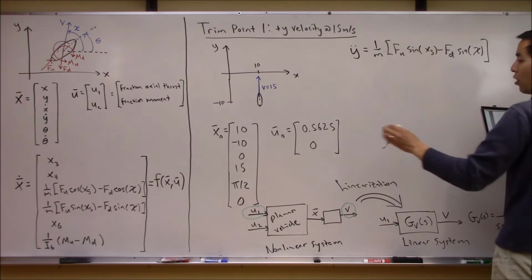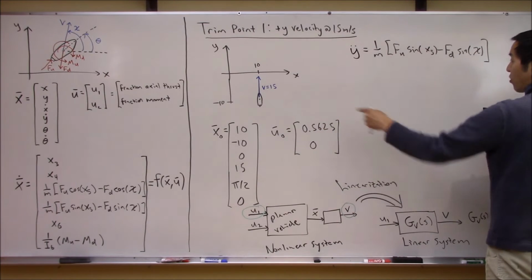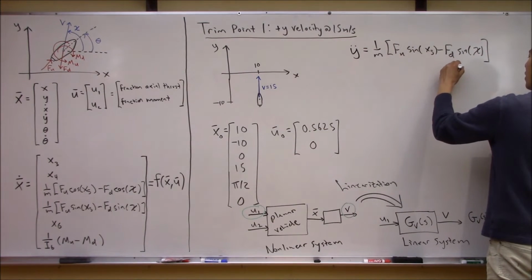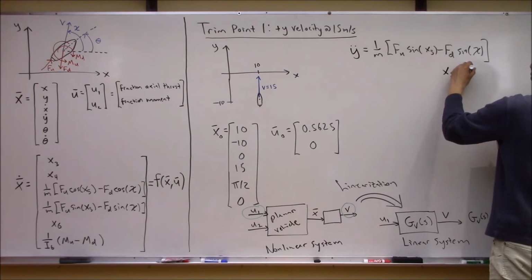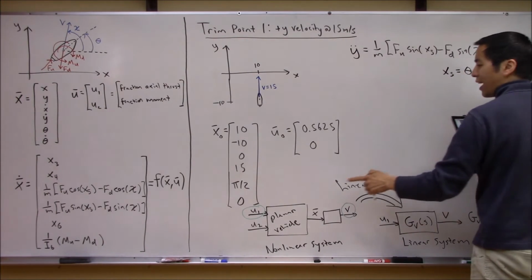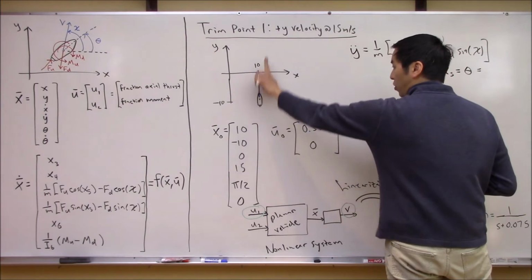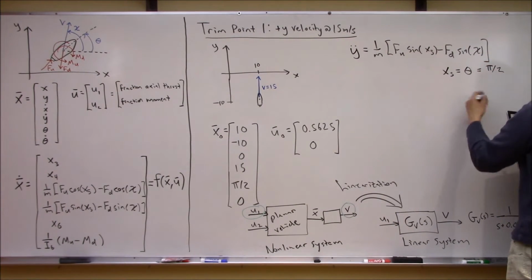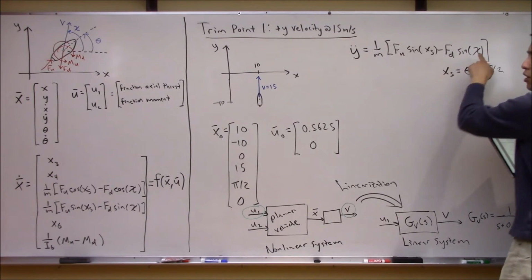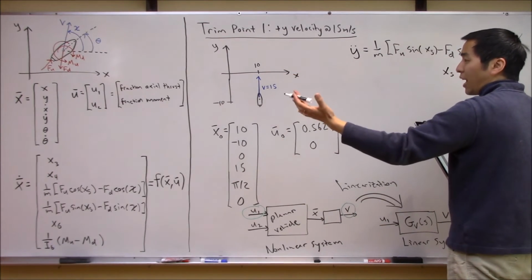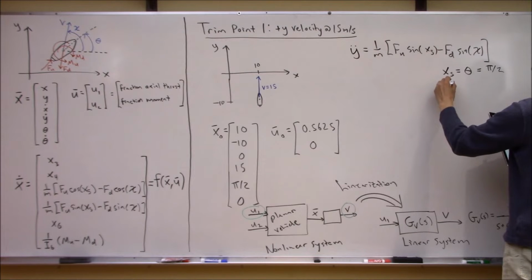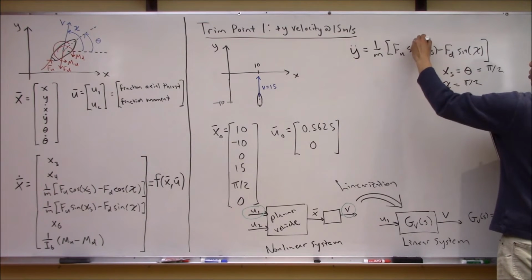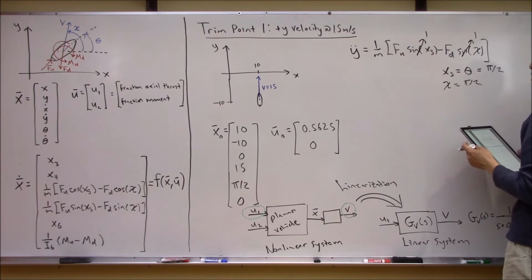Now, we can make a note here that at this operating condition, what is x5? x5 was theta, and this is constant at 90 degrees. It's always going up at 90 degrees. So this is pi over 2. Similarly, chi, the course angle, is the same thing as a heading angle in this case. So chi is also equal to pi over 2. So both these sine terms just go to 1. So this gets a lot more simple.